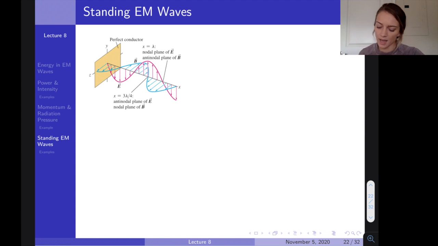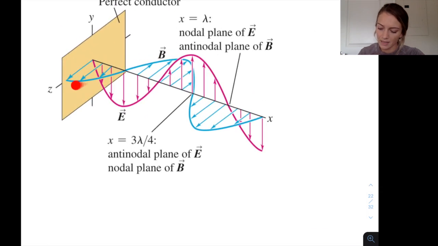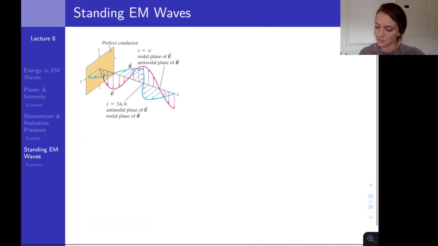And you can see that these waves are no longer in phase, right? When we had a plane wave, they were perfectly in phase, but now they're not. Here, the magnetic component is non-zero on the conductor, but the electric component is 0 at the conductor.